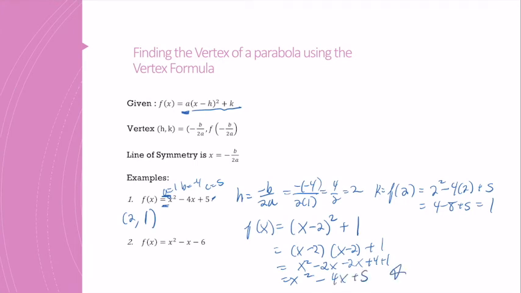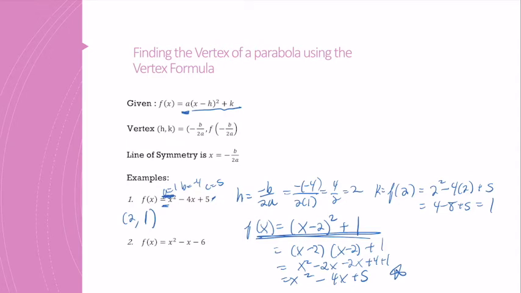All right, so as long as my leading term is a 1, I can go ahead and rewrite the function in vertex form. Now that's not always going to be the case, especially when a doesn't equal 1. We can't use this shortcut, and I'm going to show us how to do that in a couple slides. Next, I've got x squared minus x minus 6.